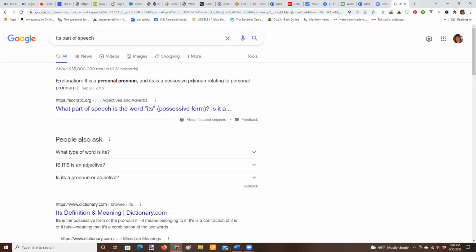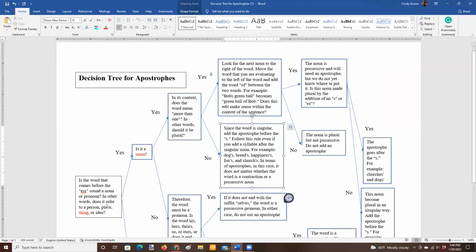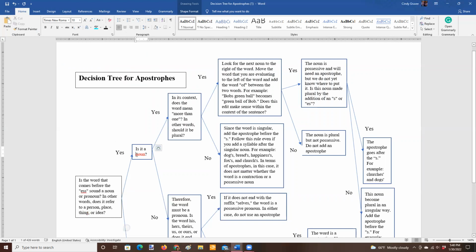Its is a pronoun. Okay, so we know that it is, I'm going to get rid of some of these choices so we don't get confused as we go forward. So it is a noun or pronoun. I'm going to highlight pronoun.